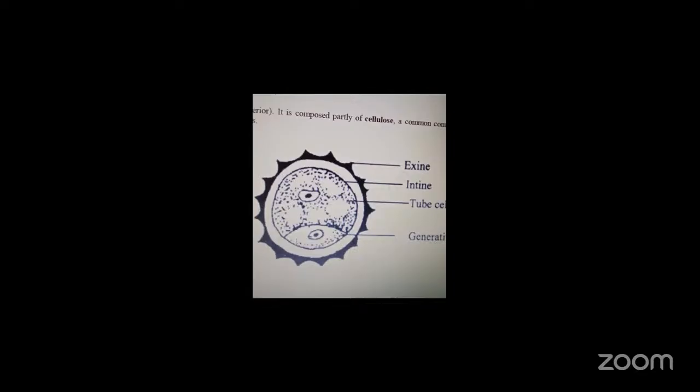The outer layer is known as the exine. We know that this is a highly sophisticated and complex outer layer made of a compound known as sporopollenin. Sporopollenin is a very hard chemical compound, waterproof, resistant to deterioration and very stiff.